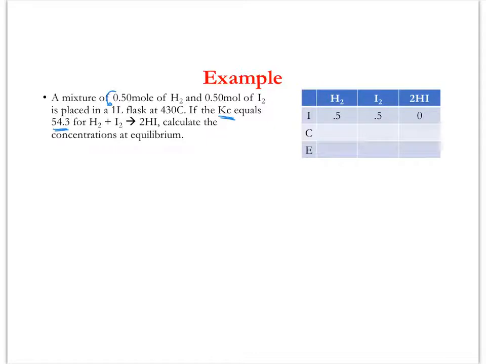So now we know we're losing hydrogen at a rate of minus x, iodine at a rate of minus x, and we're gaining hydrogen iodide at a rate of plus 2x because of its coefficient. Okay, we're given the K value.